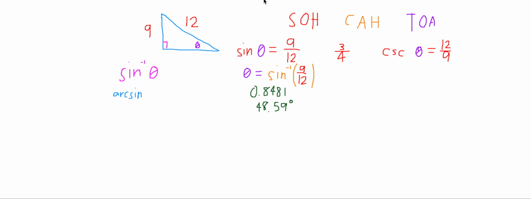If we did the inverse cosecant, which is basically 1 divided by inverse sine if you're using a calculator, then this will be 12/9.